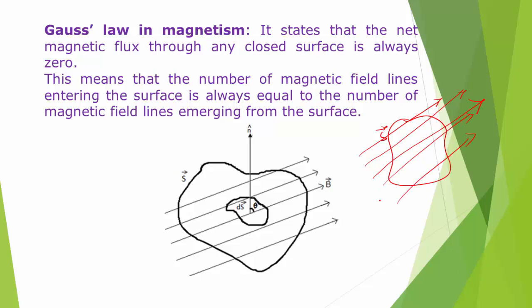These are the magnetic field lines, these are imaginary lines. The net magnetic flux through any closed surface is always 0, which means the number of magnetic field lines entering the surface is always equal to the number of magnetic field lines emerging from that surface.